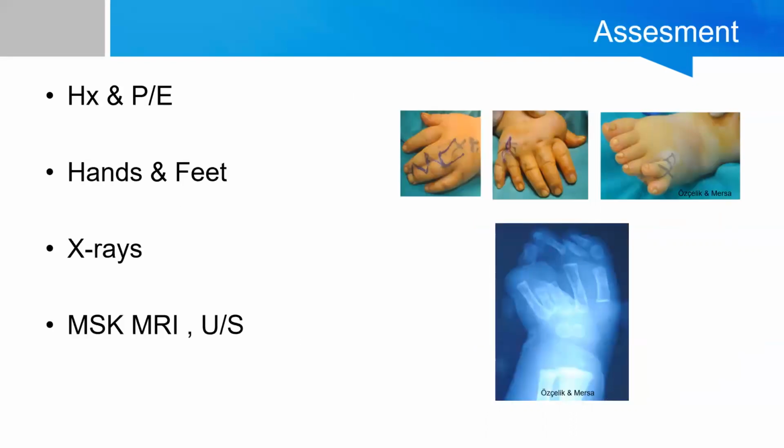To assess the patient with syndactyly, as usual, we start with a thorough history and physical examination to identify associated occurrences in other systems. Hands and feet should be examined together.